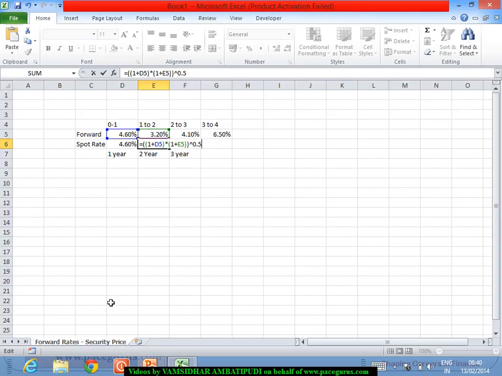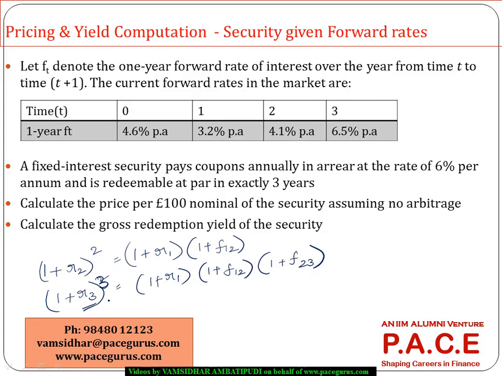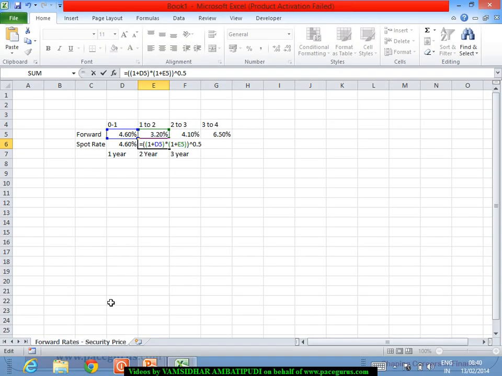I multiply those three and take it to the power of 1 by 3. The same way, when working for 2 years, I take it to the power of 1 by 2, which is 0.5. Then minus 1 will give me my 2-year spot rate.